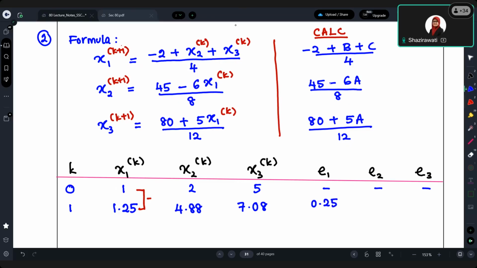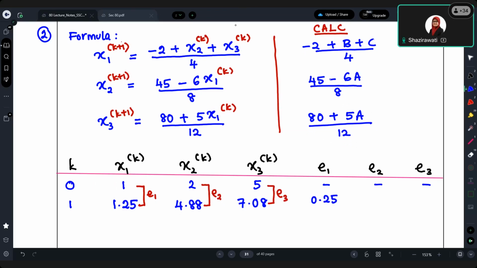Untuk E2 pula, ini adalah E1. So the difference between these two adalah E2. The difference between these two adalah E3. So kita letak pada kolom E2 and E3 respectively lah. So this is 2.88. This is 2.08.